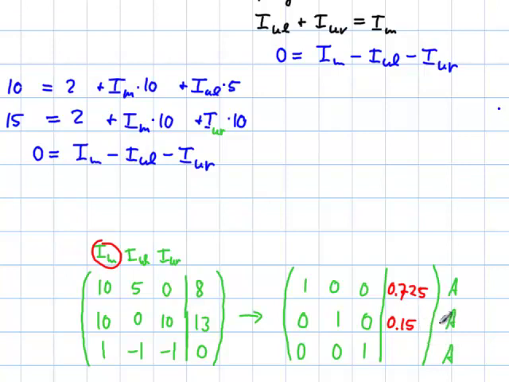So 0.15 amp, that's the upper left. My goodness. And then this one here is the 0.575. I did it correctly, and I want to write it down correctly. So that one is the current on the upper right.